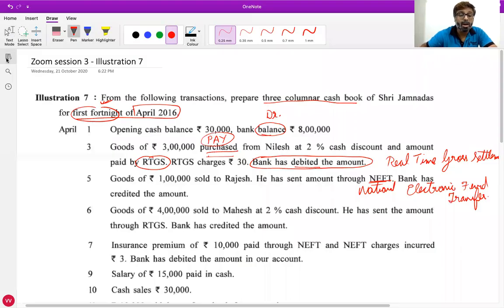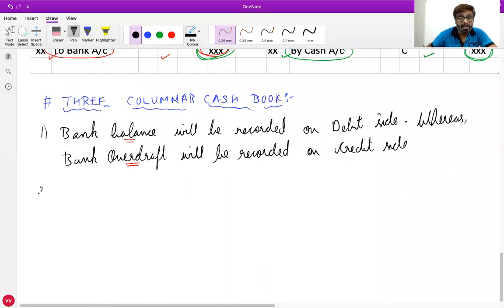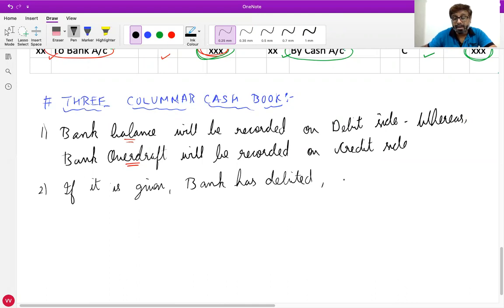Write down in the summary: if it is given that bank has debited, then in the cash book it will be recorded on the credit side.